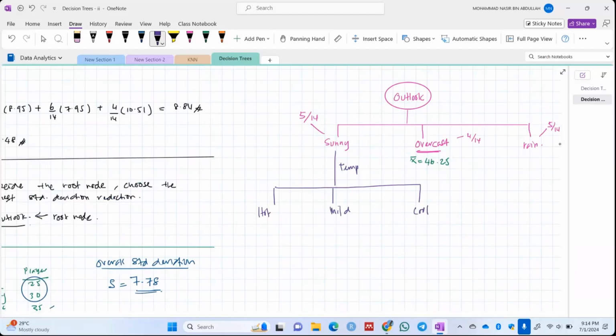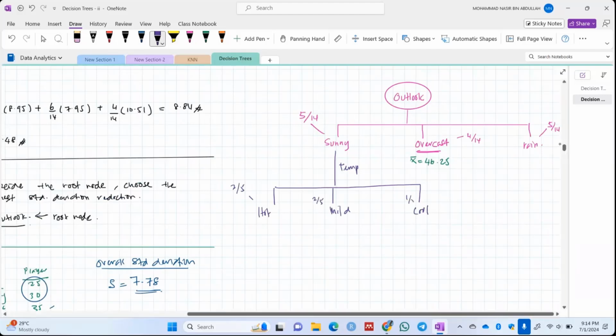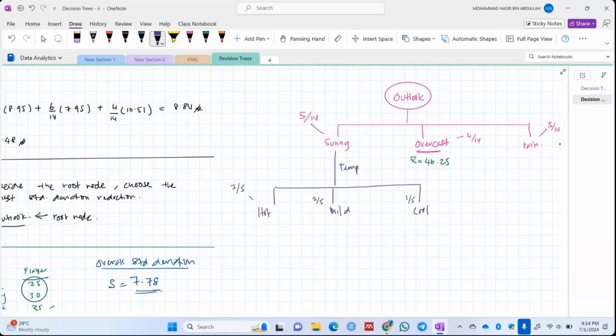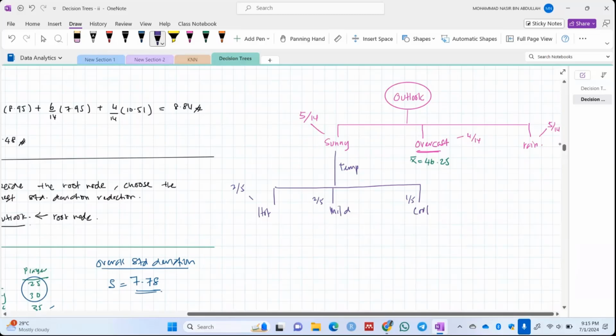The data here: 2 over 5, this is 2 over 5, and only 1 over 5. Same procedure for rain. For rain, you need to do the same procedure. I'm giving you the final answer.